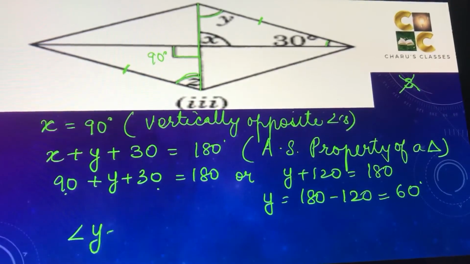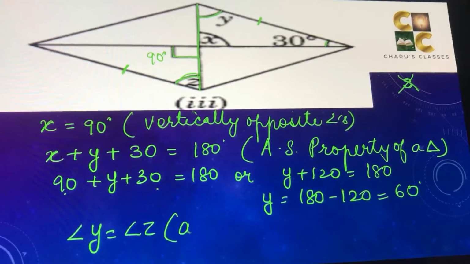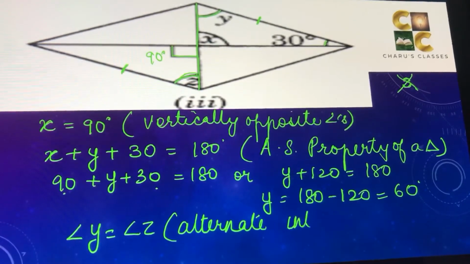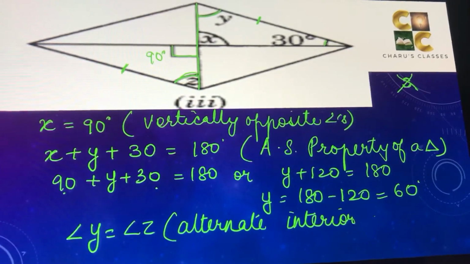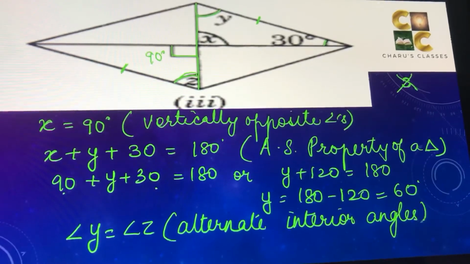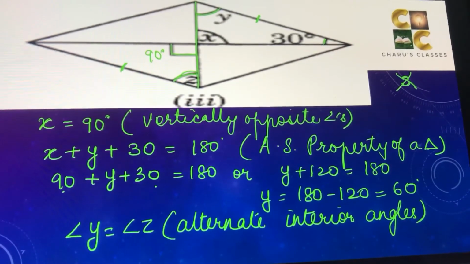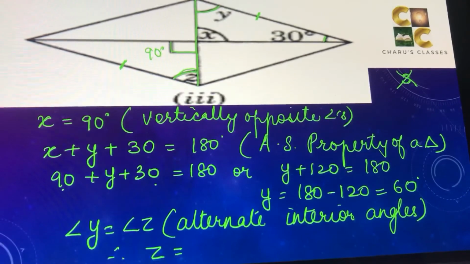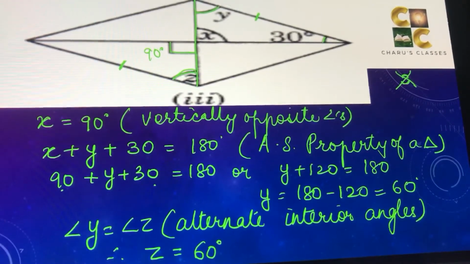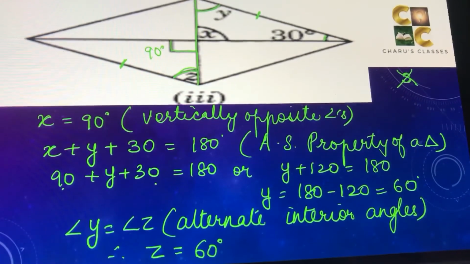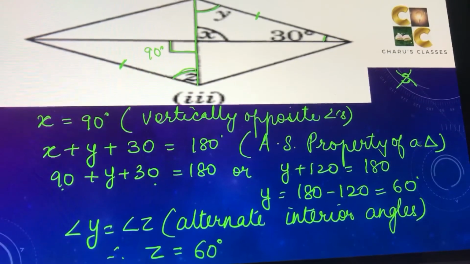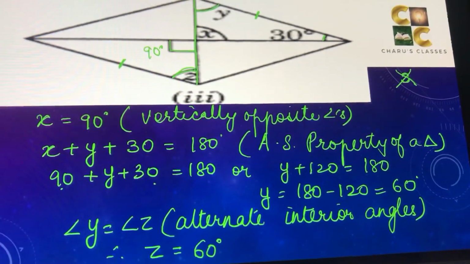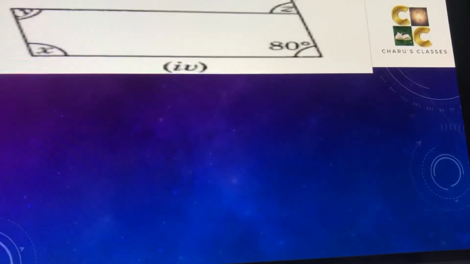So angle y is equal to angle z because they are alternate interior angles. And if angle y is 60, therefore angle z will also be equal to 60 degrees. So we got x as 90 degrees here, y as 60 degrees, and z also as 60 degrees.